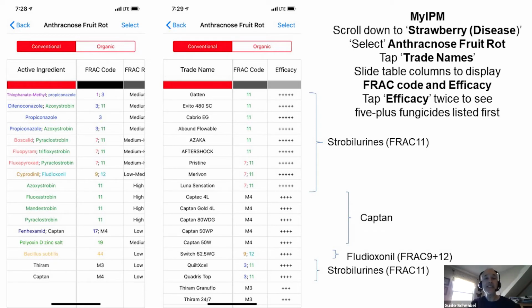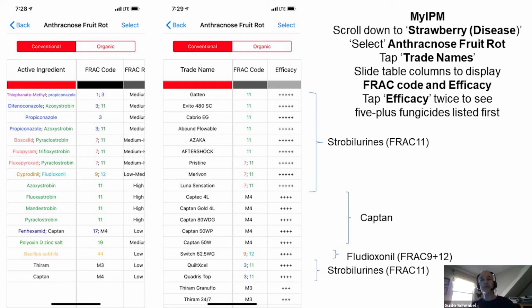And you can easily see then that a lot of those compounds contain FRAC 11s. Those are the strobilurin fungicides. And a lot of those active ingredients have the same mode of action. So you've got to be careful when you rotate active ingredients that you don't spray anything that has the same FRAC code in it.